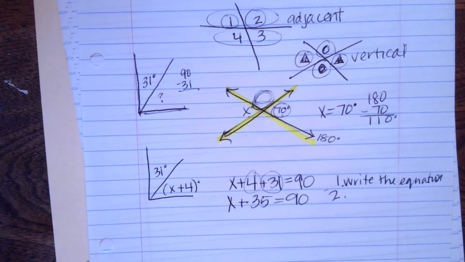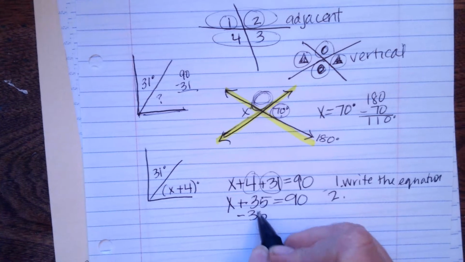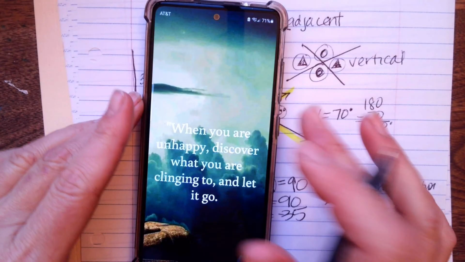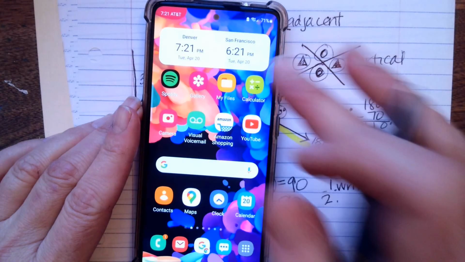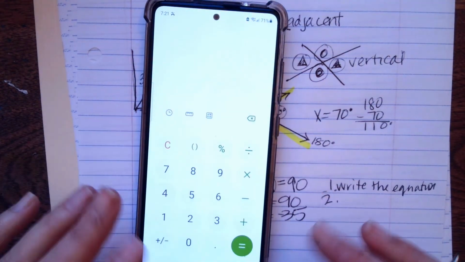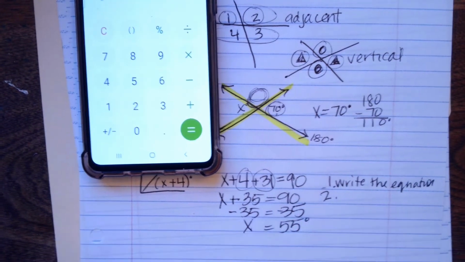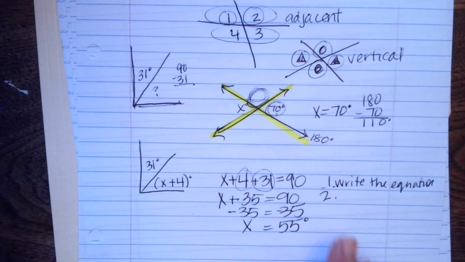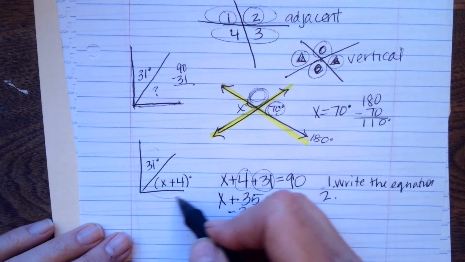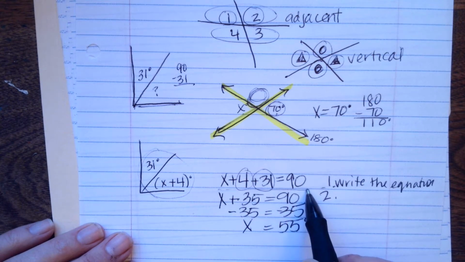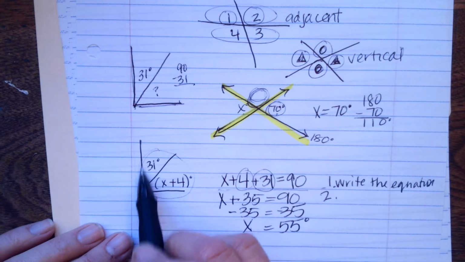Minus it. And what you do to one side, you do to the other. And then we do 90 minus 35. X equals 55 degrees. So you just take everything that they give you, write it as an equation. The equals is going to be the degree of the angle.